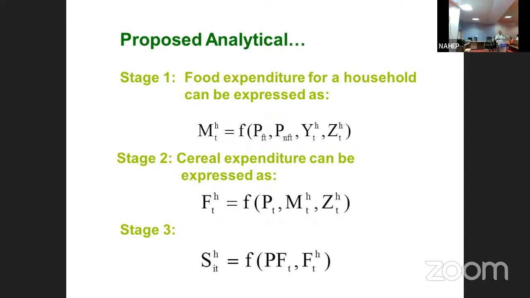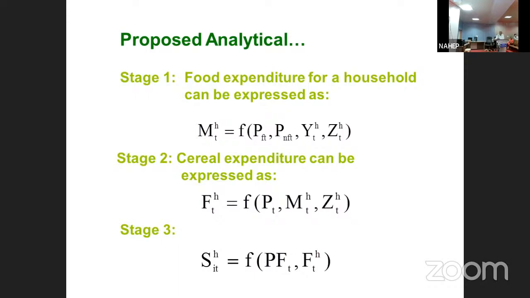Here we are doing disaggregated analysis in linear expenditure system and its model. Here we are doing group analysis, linear expenditure system. Here we are disaggregating cereal into rice, wheat, and so many other cereals, bajra, maize. Then we have price factor of cereals. This is the price factor, and this is the expenditure on this.